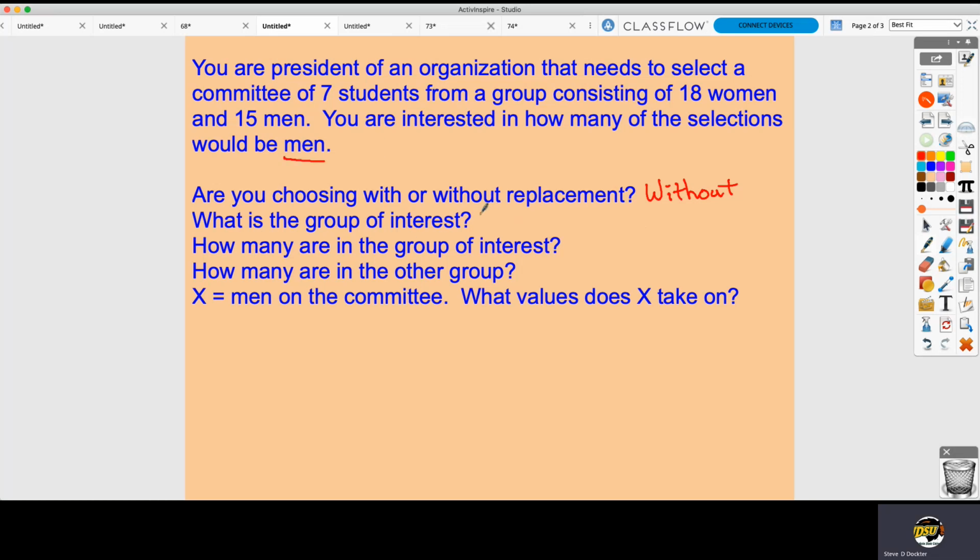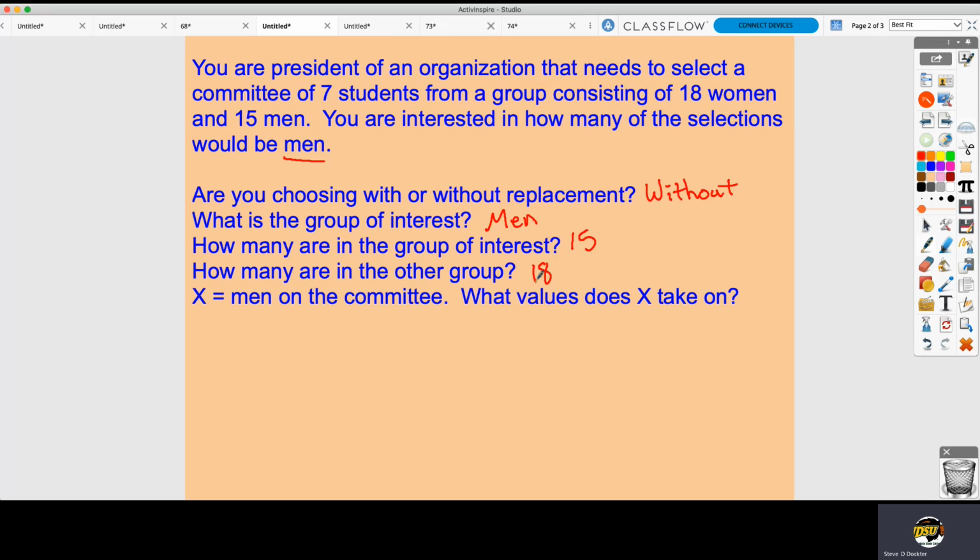Yeah, we want to know how many of the selections would be men. How many are in that group of interest? There's 15 men. How many are in the other group? There's 18. X equals men on the committee.